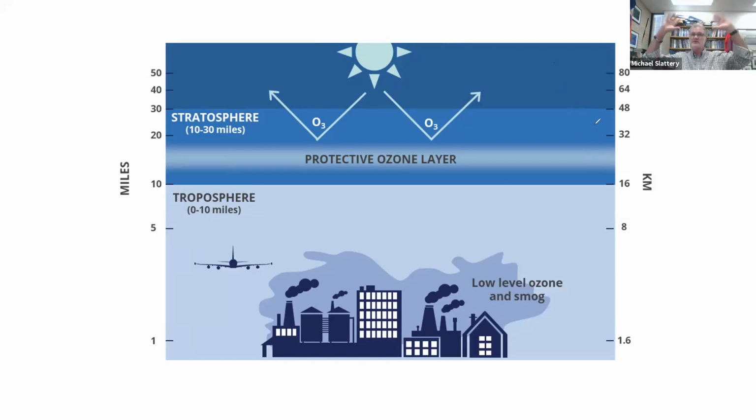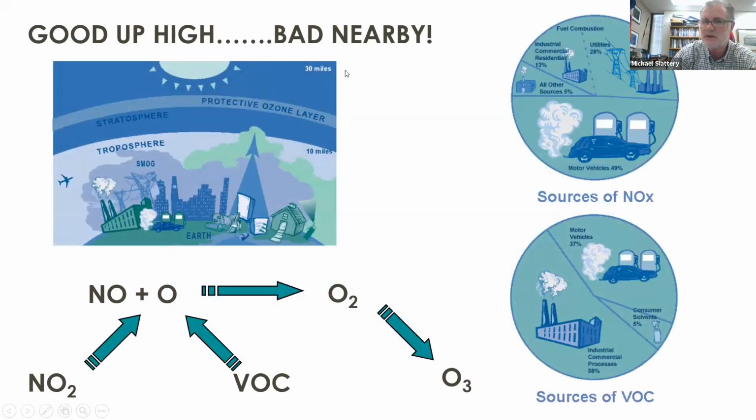Stratospheric ozone forms naturally and protects us from ultraviolet radiation. Tropospheric ozone is a pollutant and is human-made. I hope that makes sense to everybody. That's the key distinction right off the bat. One way to think about ozone is this little phrase: good up high, bad nearby. It's good up high because it protects us. It's bad nearby because it's a pollutant. So how does it form? I alluded to that.